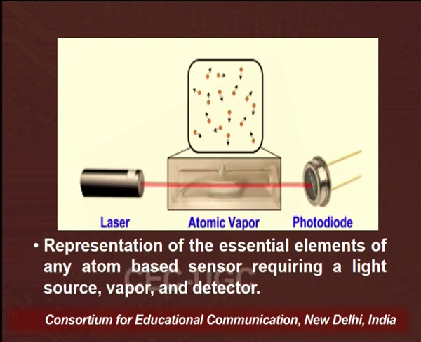Now the image illustrates the fundamental setup of an atom based quantum sensor, which utilizes the interaction between the laser light and the atomic vapor to perform highly precise measurements. The laser beam is tuned to a specific atomic resonance frequency to interact with the atoms in the vapor cell, so the atomic resonance frequency must match the laser beam.